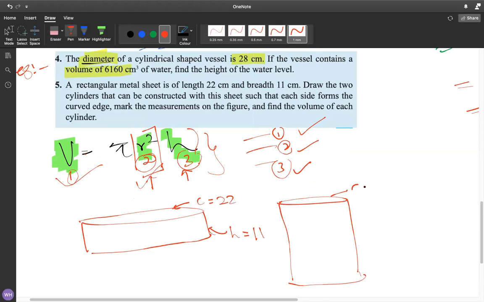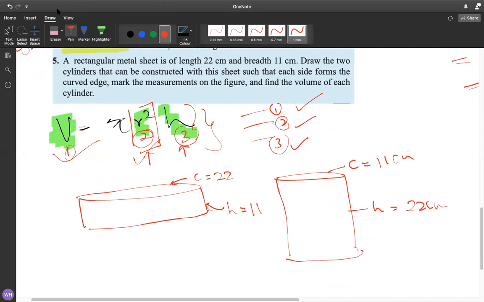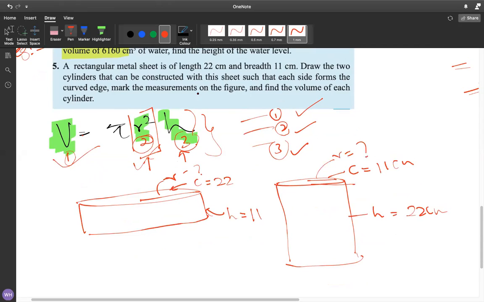For the other one, C, in the sense circumference, is 11, and the height will be 22 centimeters. Right. So did you find this? By using the circumference, you will have to find the radius of this one, and by using this circumference also you will have to find the radius. Then you need to find the volume.